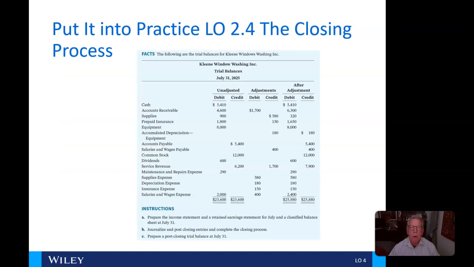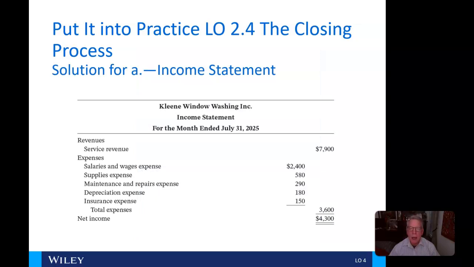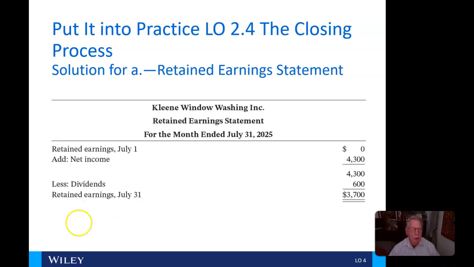And now we show the trial balance before and after the adjusting entries. And then we show our income statement for Clean Window. Revenues minus costs and expenses give us net income. And then our retained earnings reflects that net income that was just shown in the income statement.